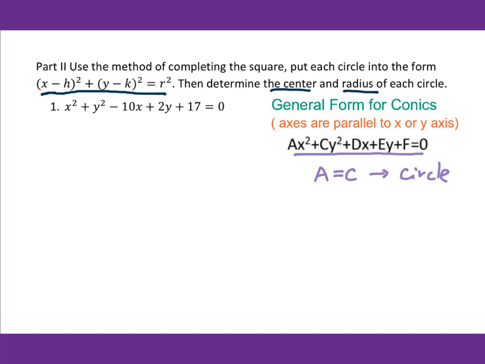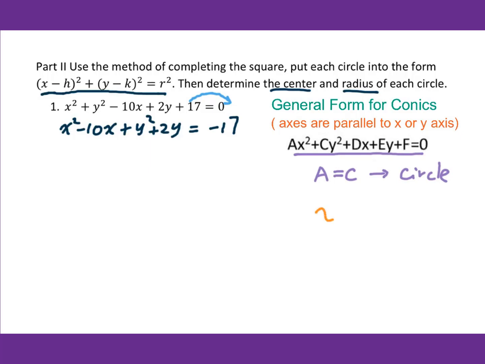First of all, you need to put all x together, all y together, and the constant number on the other side. Therefore, we get x squared minus 10x plus y squared plus 2y equals negative 17. Then we do the completing the square.